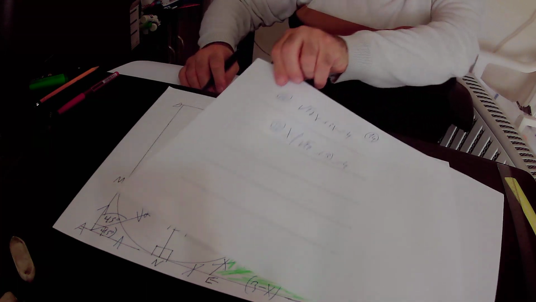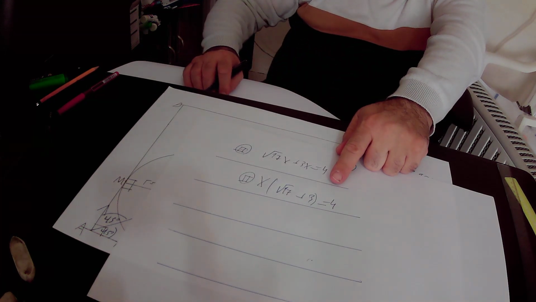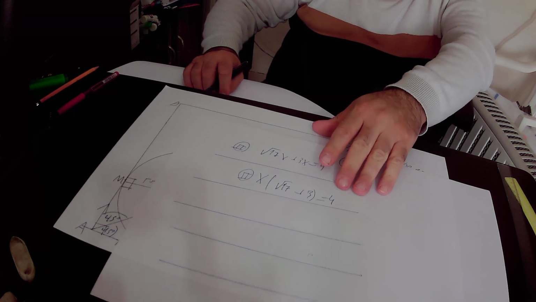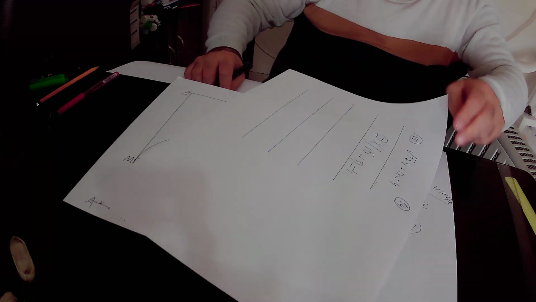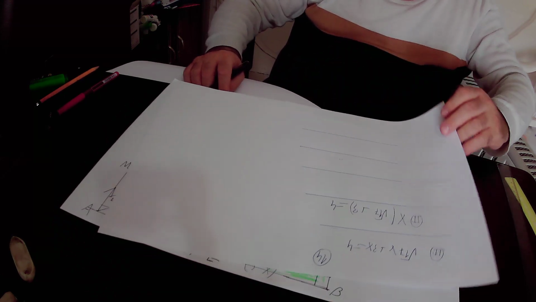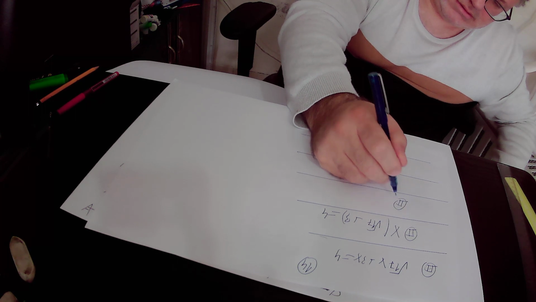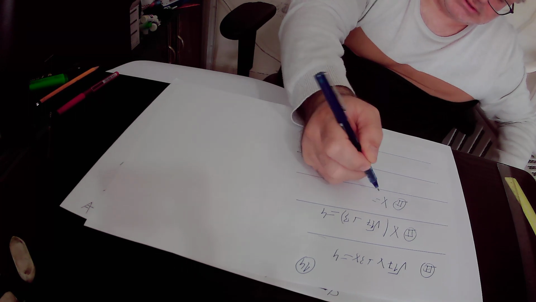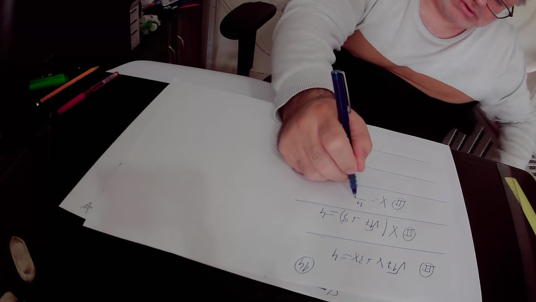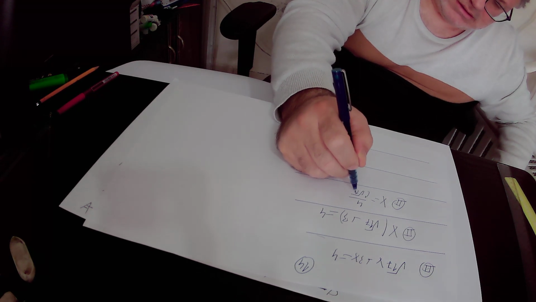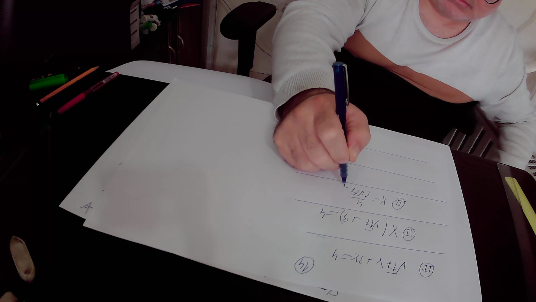So here we will divide this equation, equation number 2, by square root of 17 plus 3, and we get that x equals to 4 over square root of 17 plus 3.